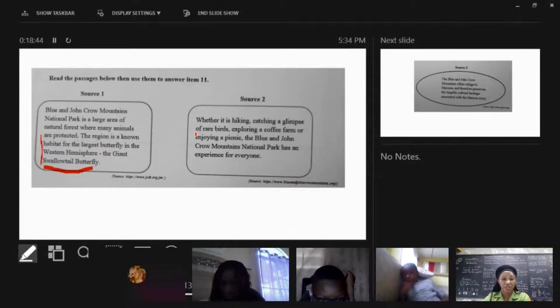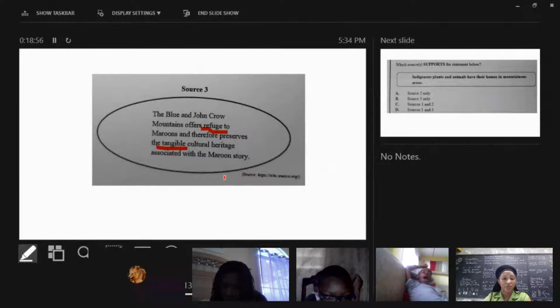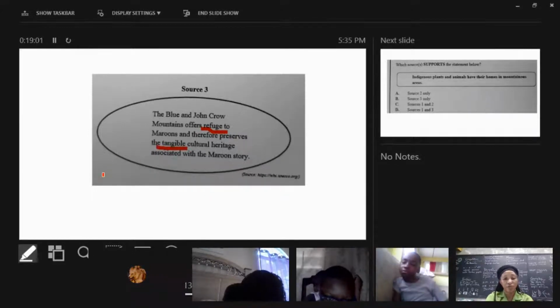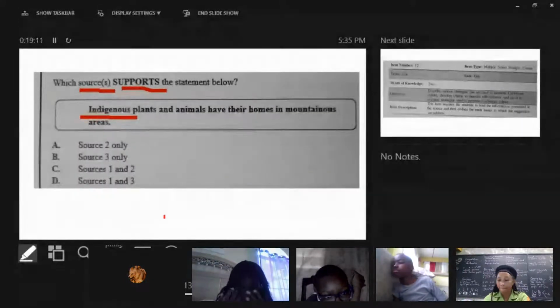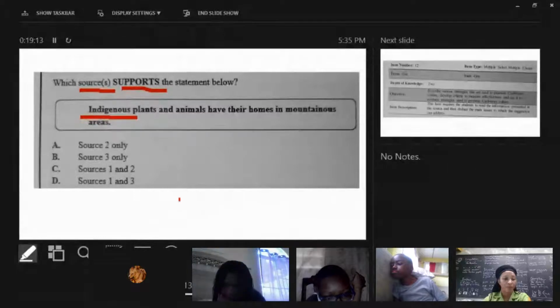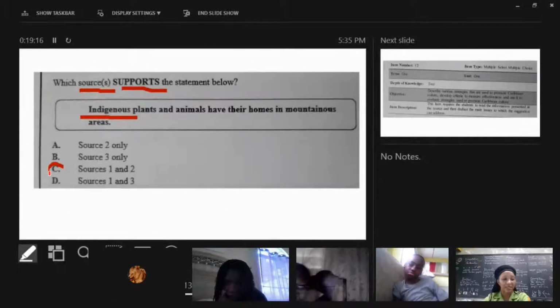So it does mention rare birds. Source two: rare birds live in the Blue and John Crow Mountains. Source three: the Blue and John Crow Mountains offers refuge to Maroons and therefore preserves the tangible cultural heritage associated with the Maroon story. So which option are we going for? Sources 1 and 2. So that would be C. C, sources 1 and 2.